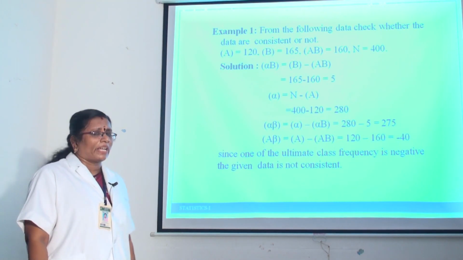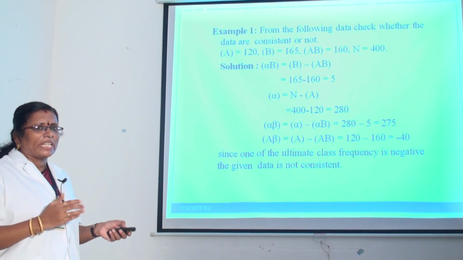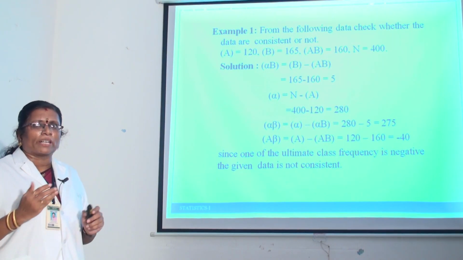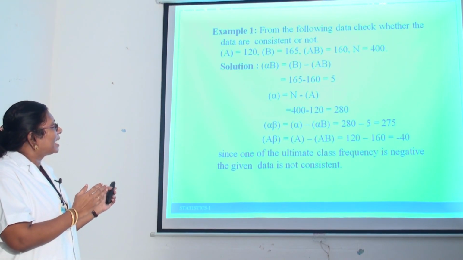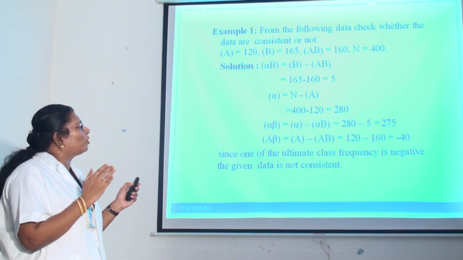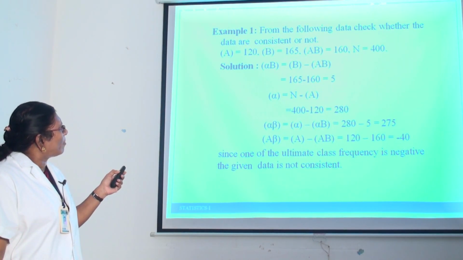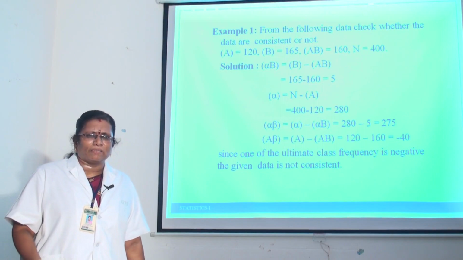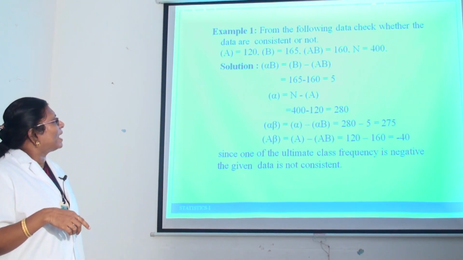The one example I have given here is: from the following data, check whether the data are consistent or not. Suppose the class frequency A is equal to 120, the class frequency B is equal to 165, class frequency AB is equal to 160 and capital N is equal to 400. What is the actual meaning in this problem? How many attributes are given? 2 attributes are given, A and B, and the class frequency values are given.